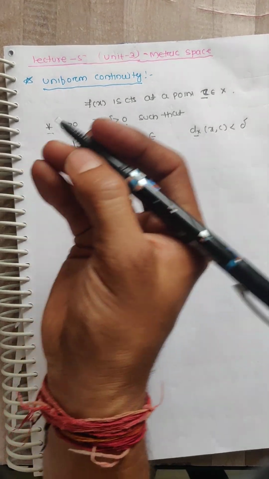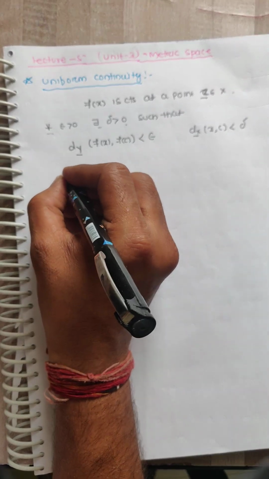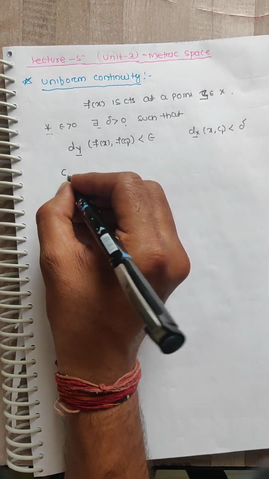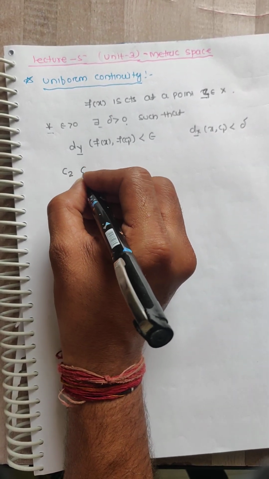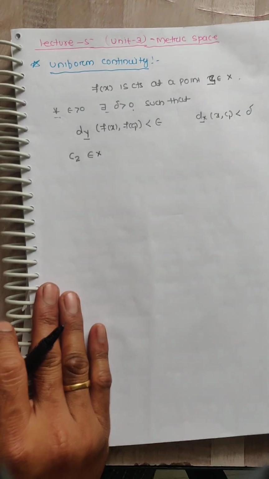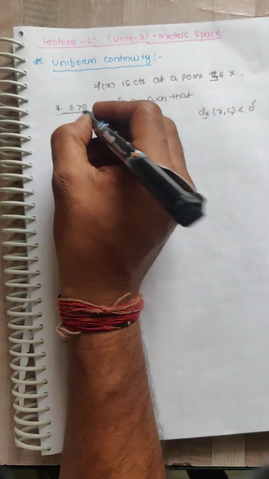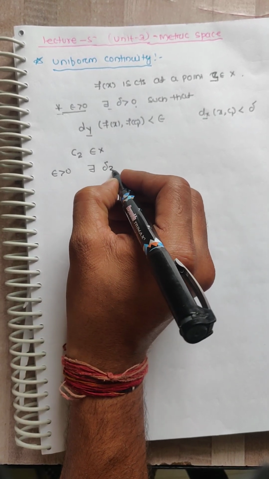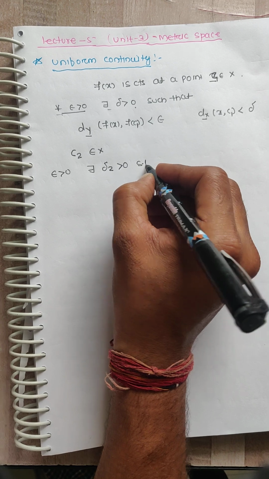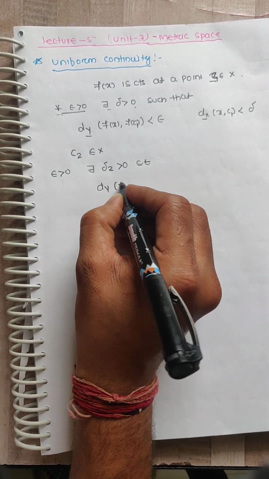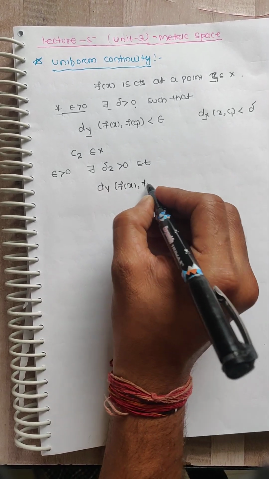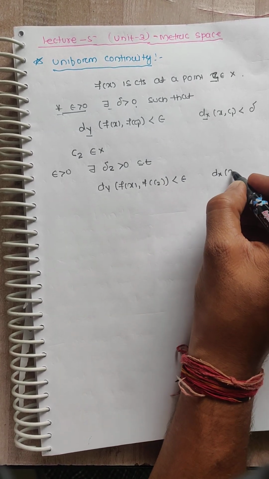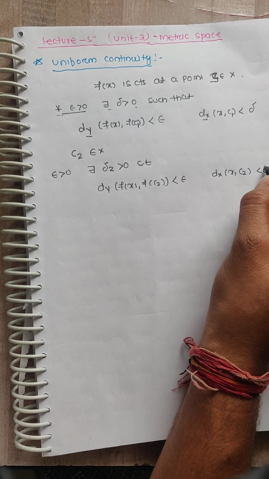Suppose I move to another point, say c1, or another point c2 in X. For the same epsilon greater than 0 there exists a delta 2 greater than 0 such that the distance between f(x) and f(c2) is less than epsilon whenever the distance between x and c2 is less than delta 2.